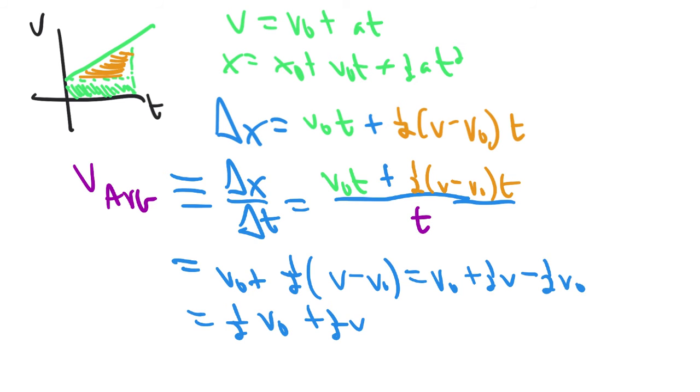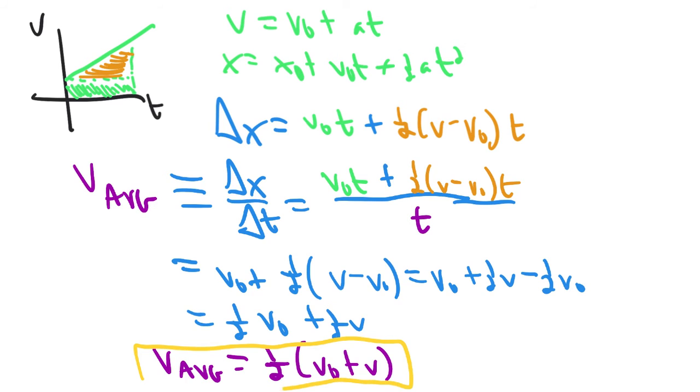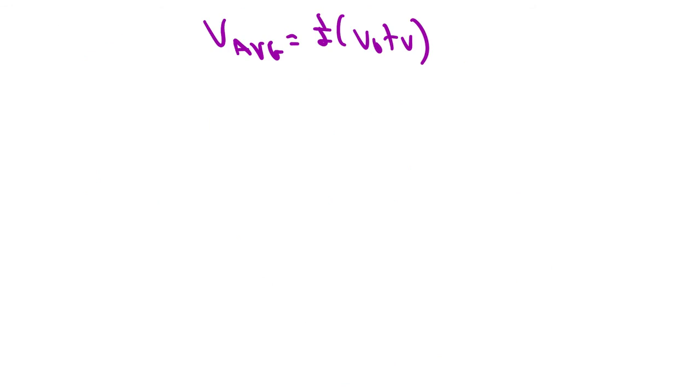We get V average is, we factor out that half, and we get 1/2 (V0 plus v). And this thing, that's the constant acceleration equation number 2 that we had. It's worth dwelling a minute or two on this.